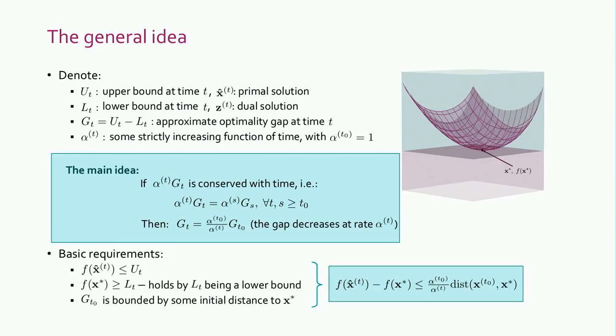To do so, I will need some notation. So we will use ut to denote an upper bound at time t. And this ut will have some associated primal solution to the problem. There will be an lt, which is a lower bound at time t, and it will have an associated dual solution, zt. The gap is just the difference of the two.